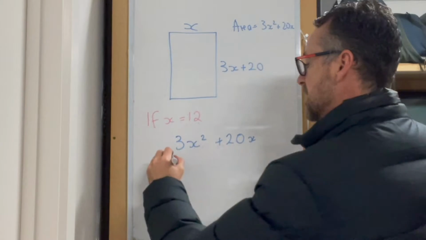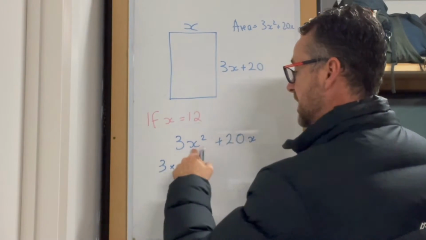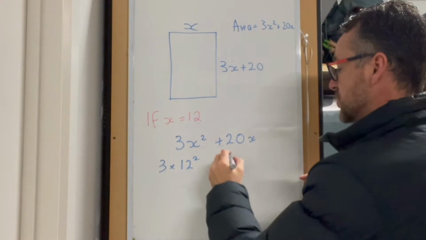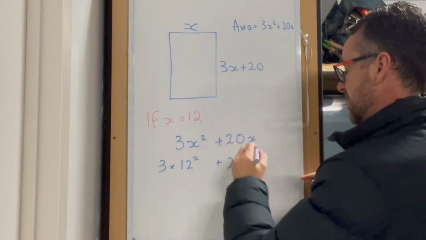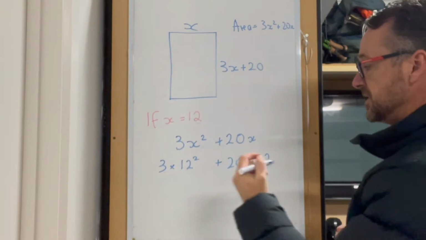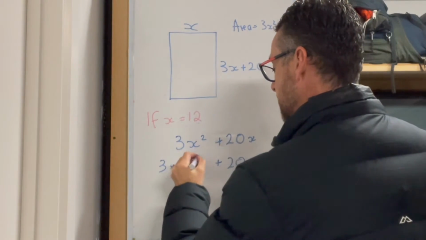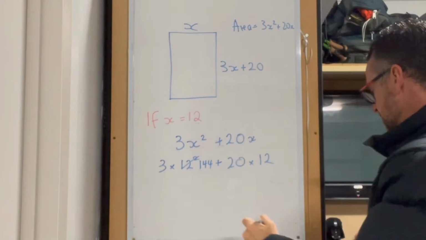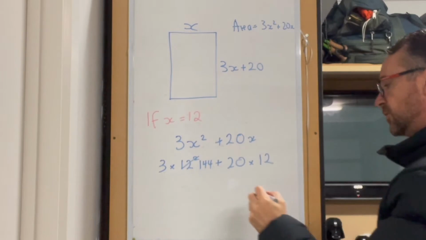Okay, so it becomes 3 multiplied by x squared, which is going to be 12 squared, and we're going to add on to that 20 multiplied by 12. Now 12 squared is going to be 144, so we've got 3 times 144, which is going to be 432.